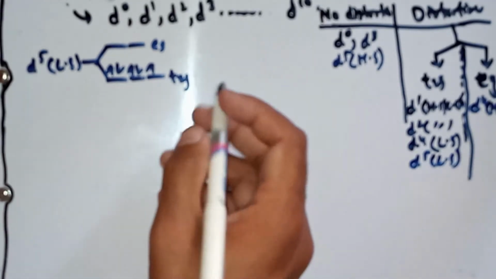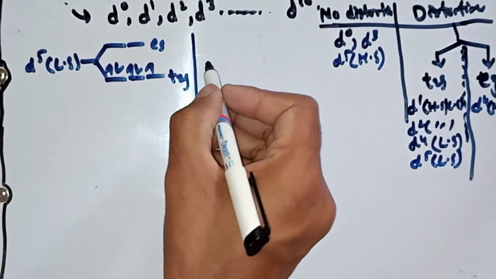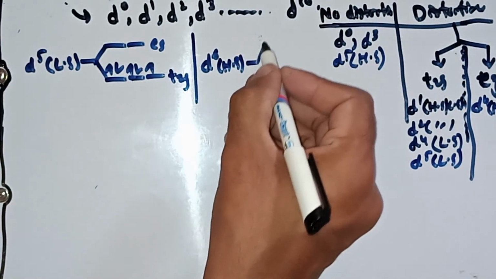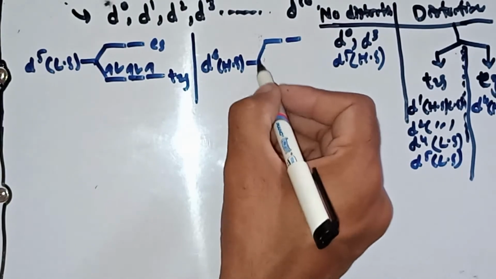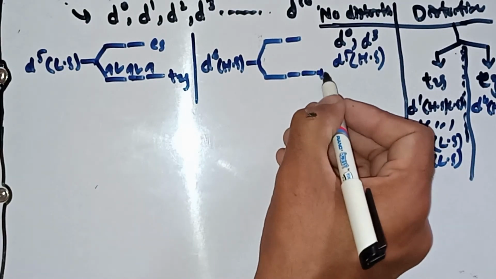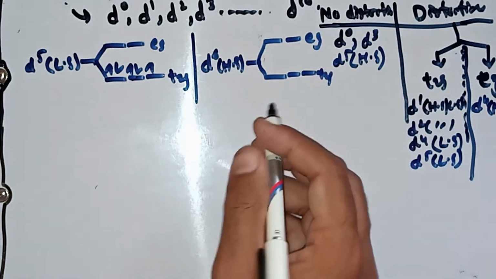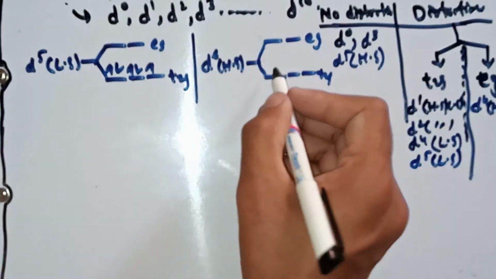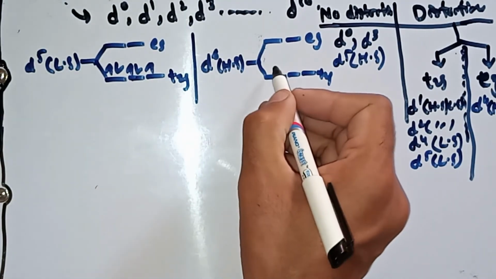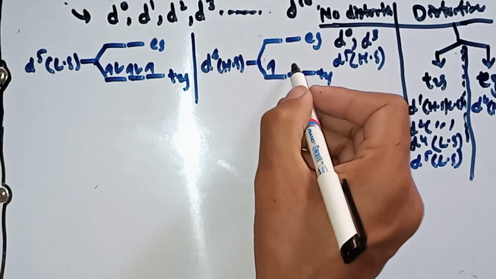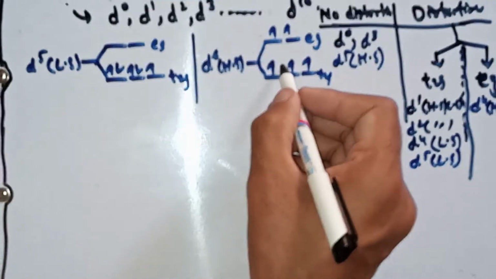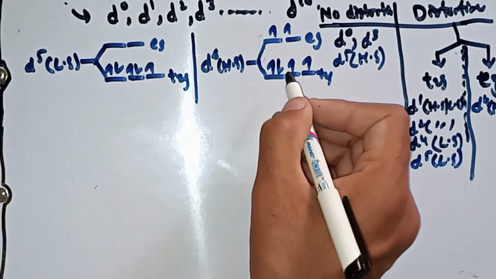But in D6 system, let's suppose this is a high spin complex. What will happen? That is Eg, that is T2g. Here, there is a high spin complex, so it will be according to Hund's rule. According to Hund's rule, first electrons will go in singly. After that, the sixth electron will go into T2g and pairing will occur.